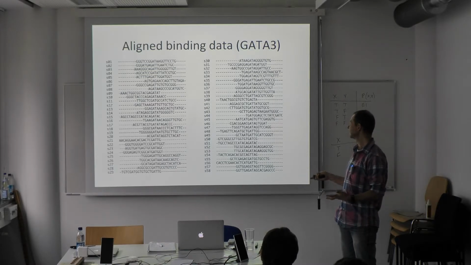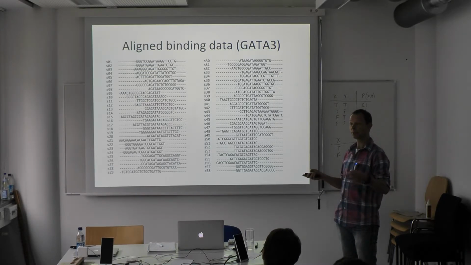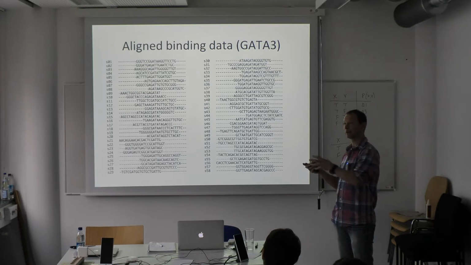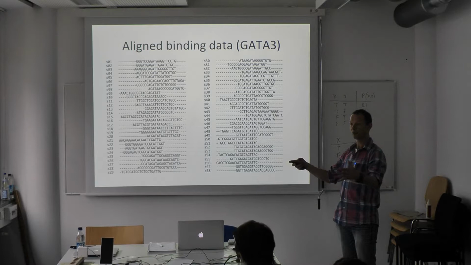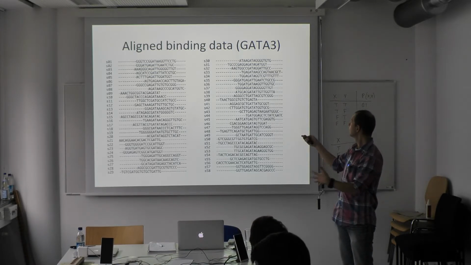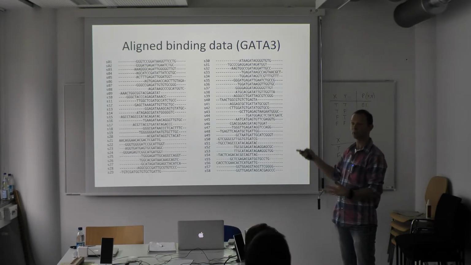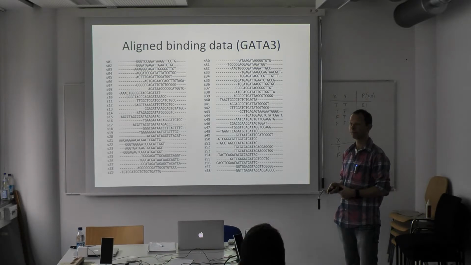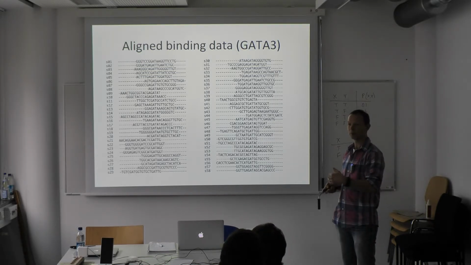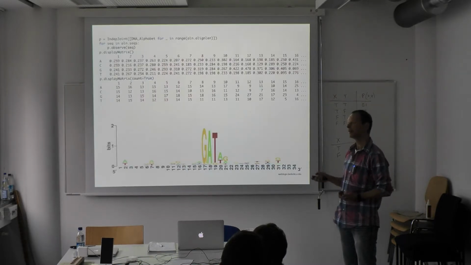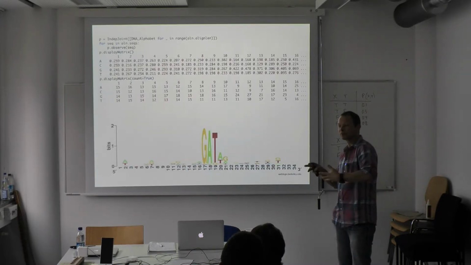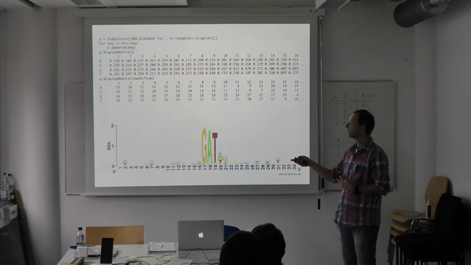And it's quite likely that that part wouldn't even be an essential component of what is required for GATA3 to bind there. So it's probably making too much of just a few data points.